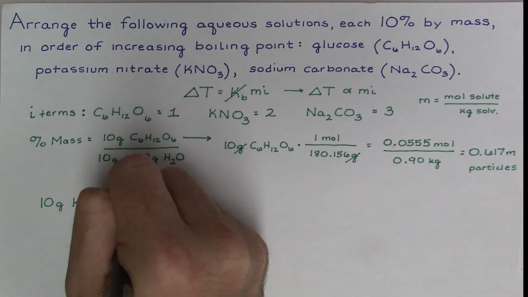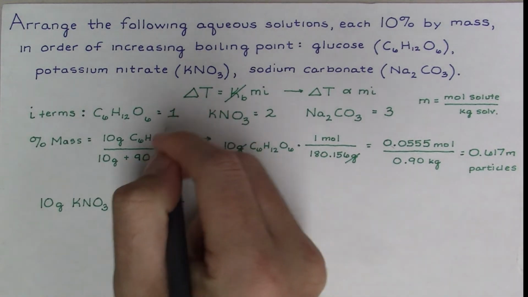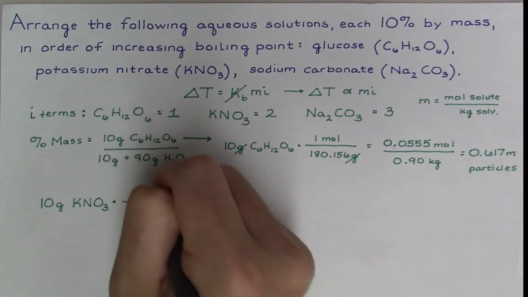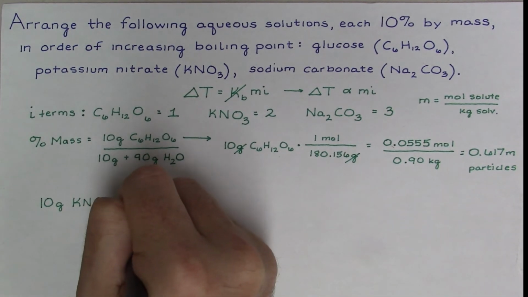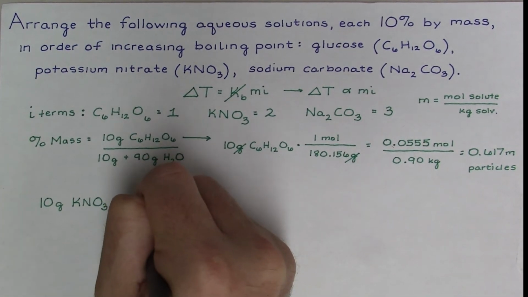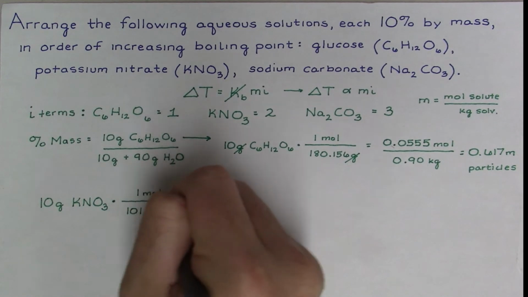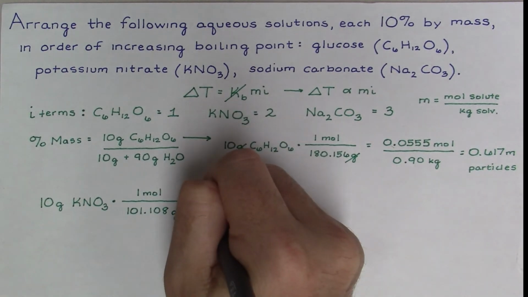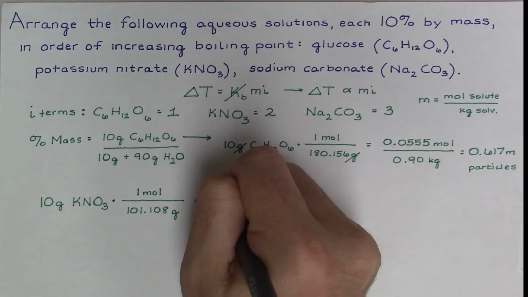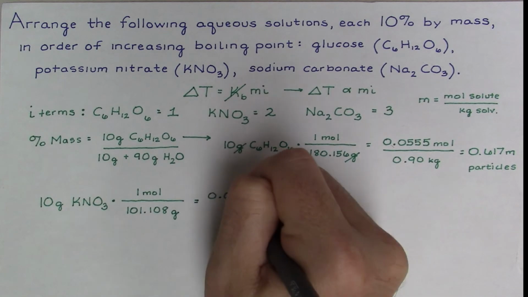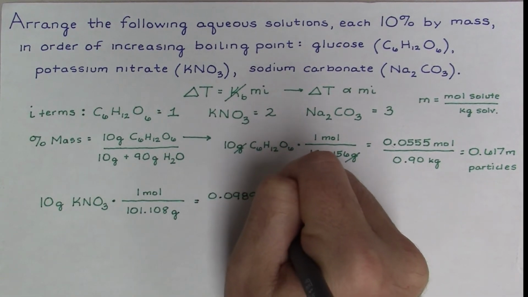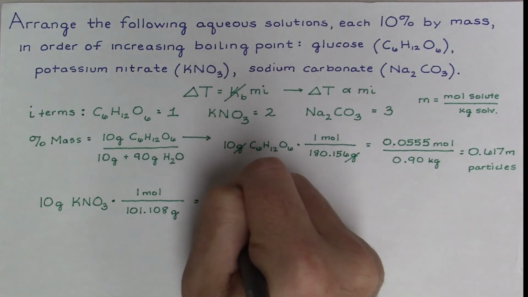So we can say 1 mole over 101.108 grams. This will give us a number of moles of 0.0989 moles of our potassium nitrate.